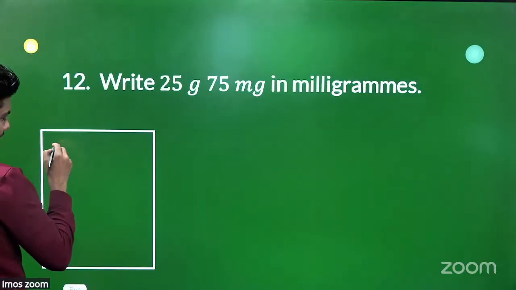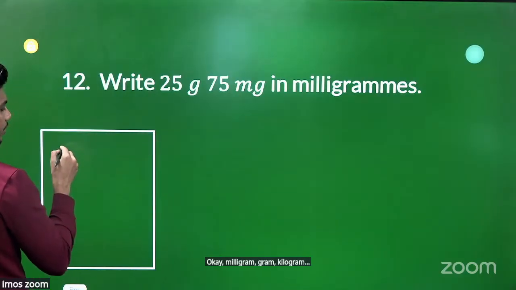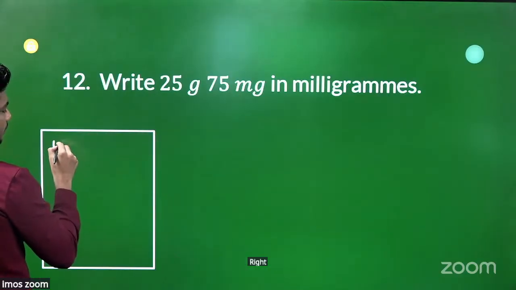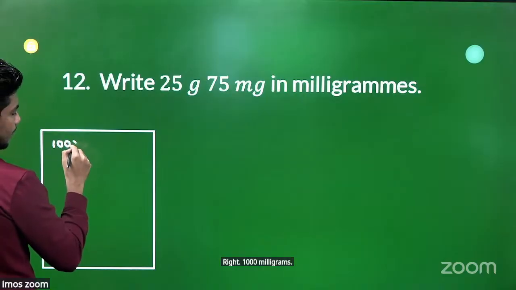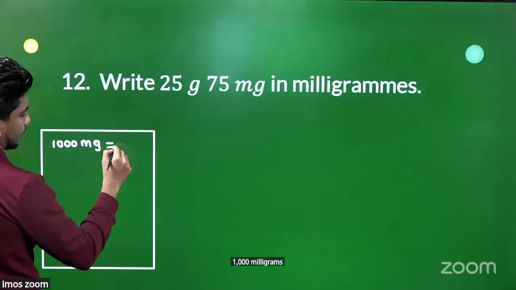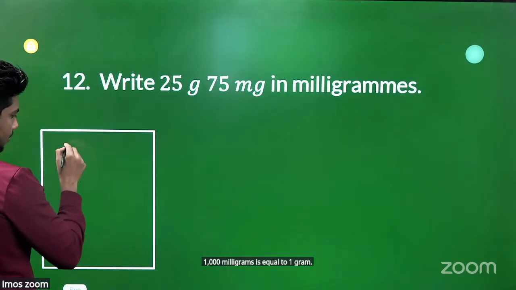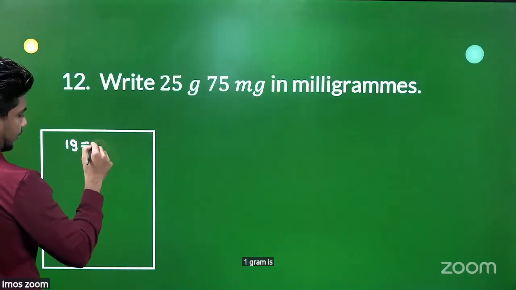Milligram, gram, kilogram, metric ton. 1000 milligrams is equal to 1 gram.